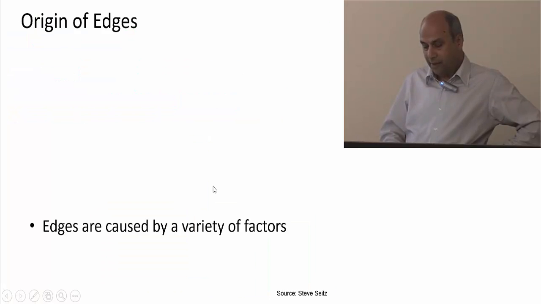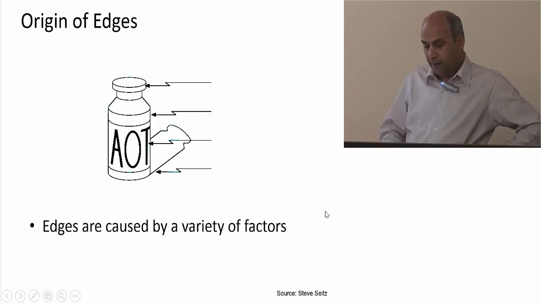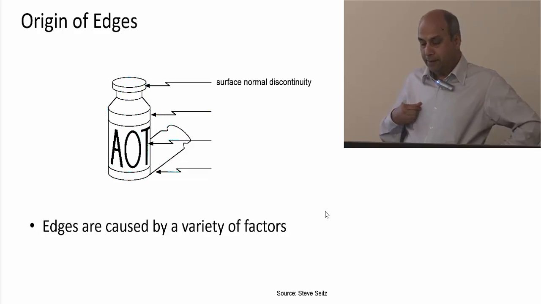In detail, edges are caused by a variety of factors. Again, this is a slide from Professor Steve Seitz at University of Washington. These are the origins of edges. Number one, when there's a surface normal discontinuity.